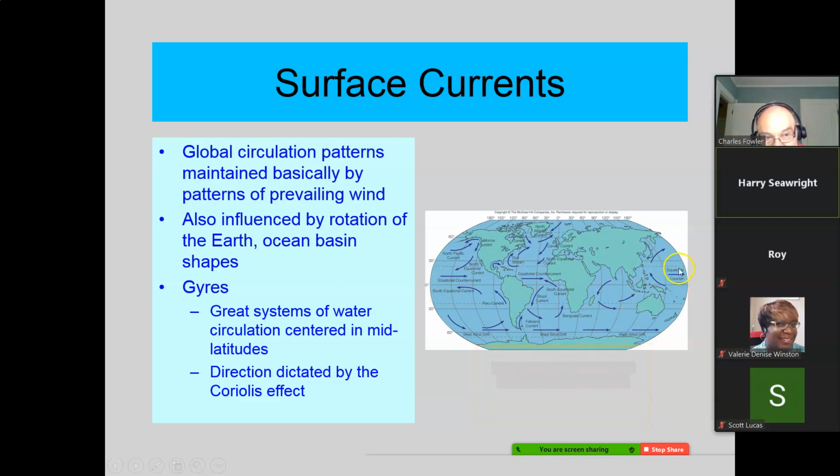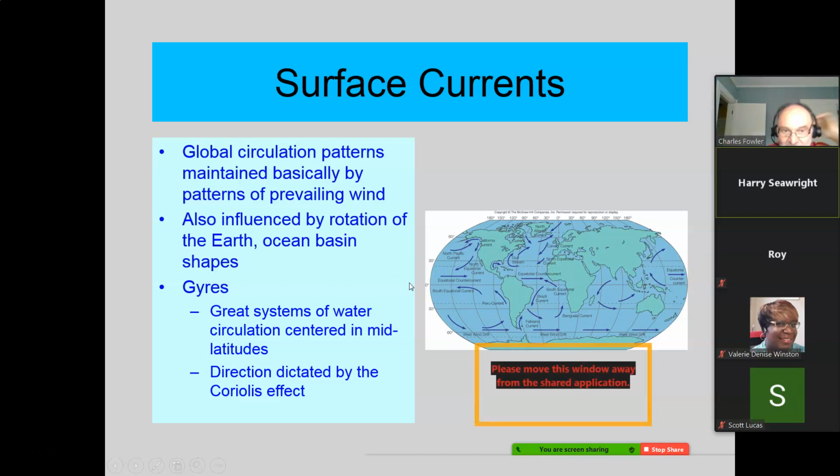This ocean and that ocean are the same, the big ocean, and this is the same name but in a different ocean. So yeah, things like that. This one down here is in all three oceans. Okay, so just to let you know that.